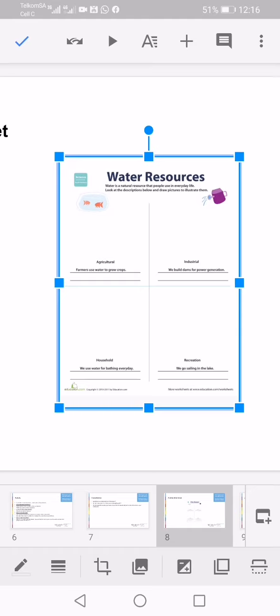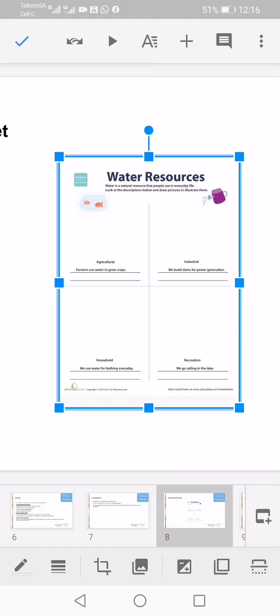The next slide has a worksheet. It's called Water Resources. Water is the natural resource that people use in everyday life. Look at the descriptions below and draw pictures to illustrate them. So this is a very creative exercise.